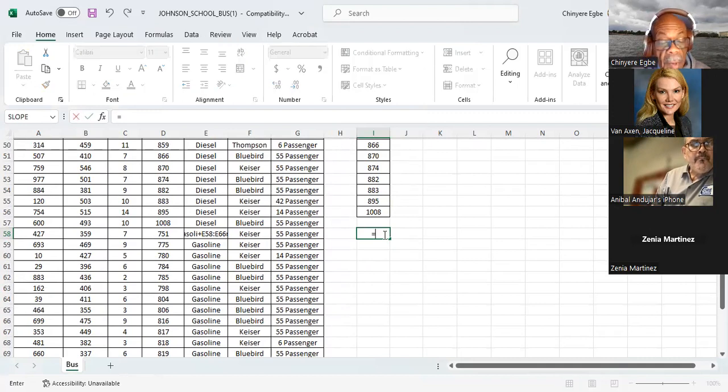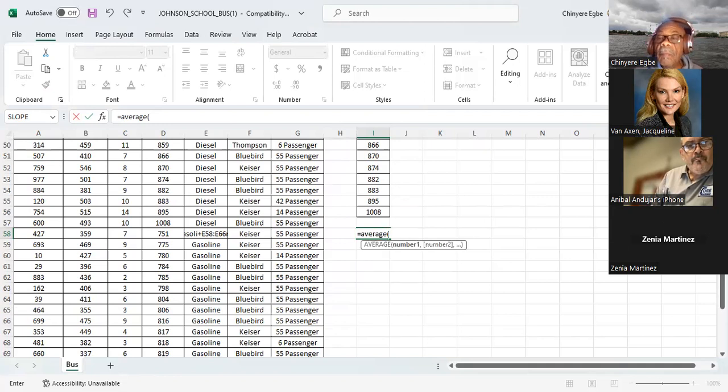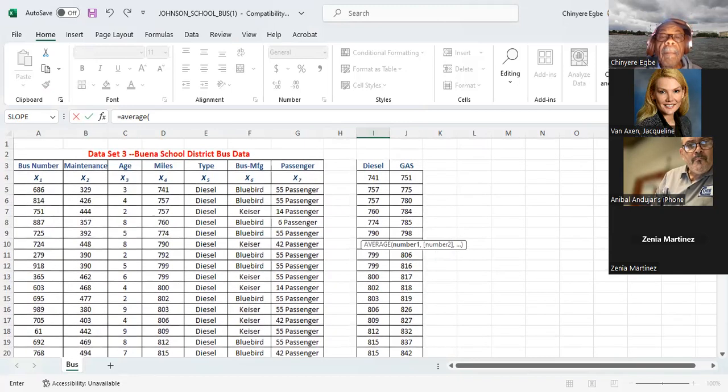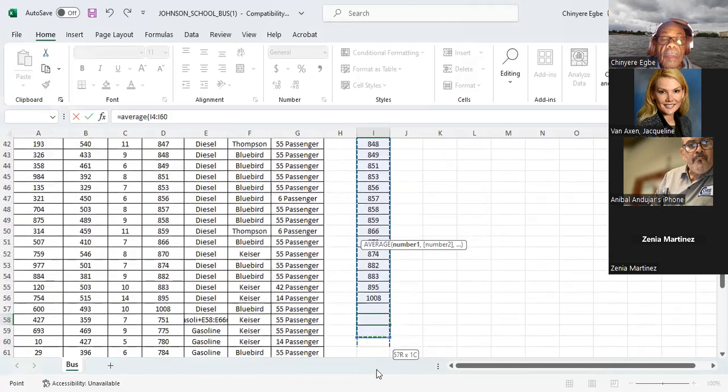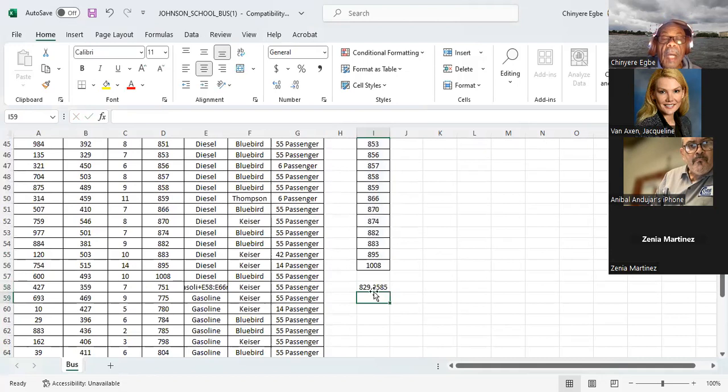So we take the average. Equals average. And you can just paint it, or you can identify the location you want. So the average number of miles for diesel vehicles is 829.